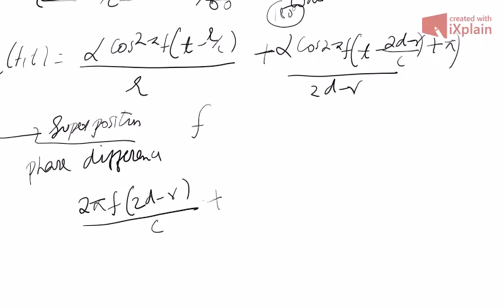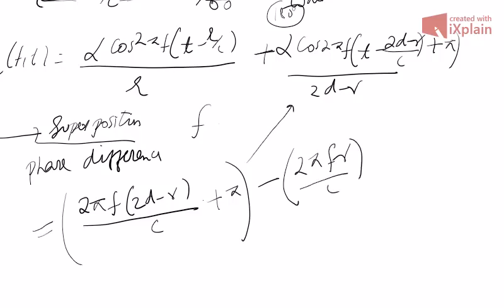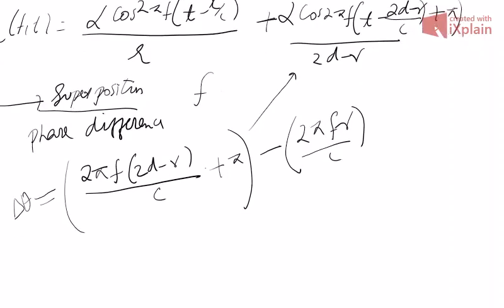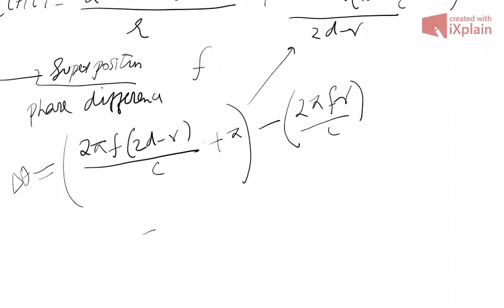Okay, this is plus pi, this is better. This is the phase of this term minus the phase of the first term, 2 pi f r by c. This I will represent as delta theta. So how much will this be? Just compute. It will become 4 pi f by c (d minus r) plus pi.